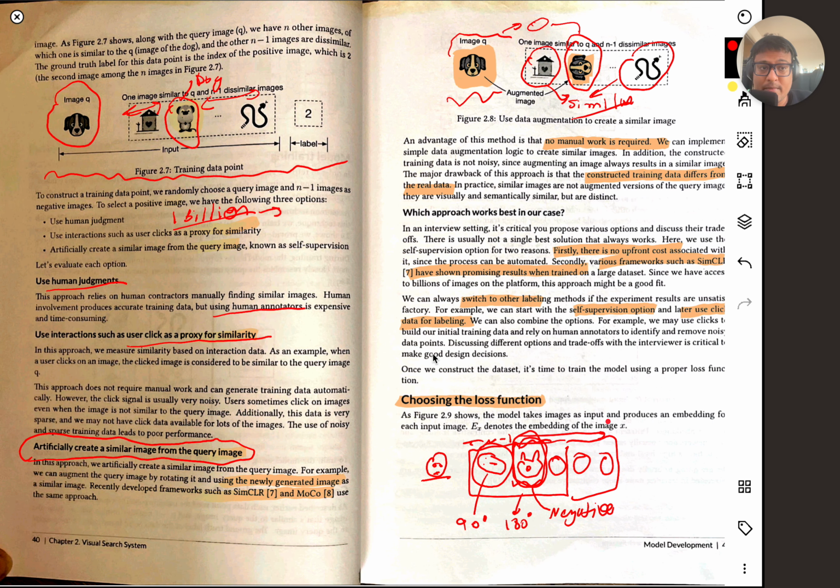Now another problem is this. Sometimes there is some object which looks similar whether you rotate it or you keep it. For example, let's say that you are given a square and you are given a diamond. Technically these two objects are different, right? Because one is a square and one is a diamond. But if you rotate this square by 90 degrees, you get a diamond, right?